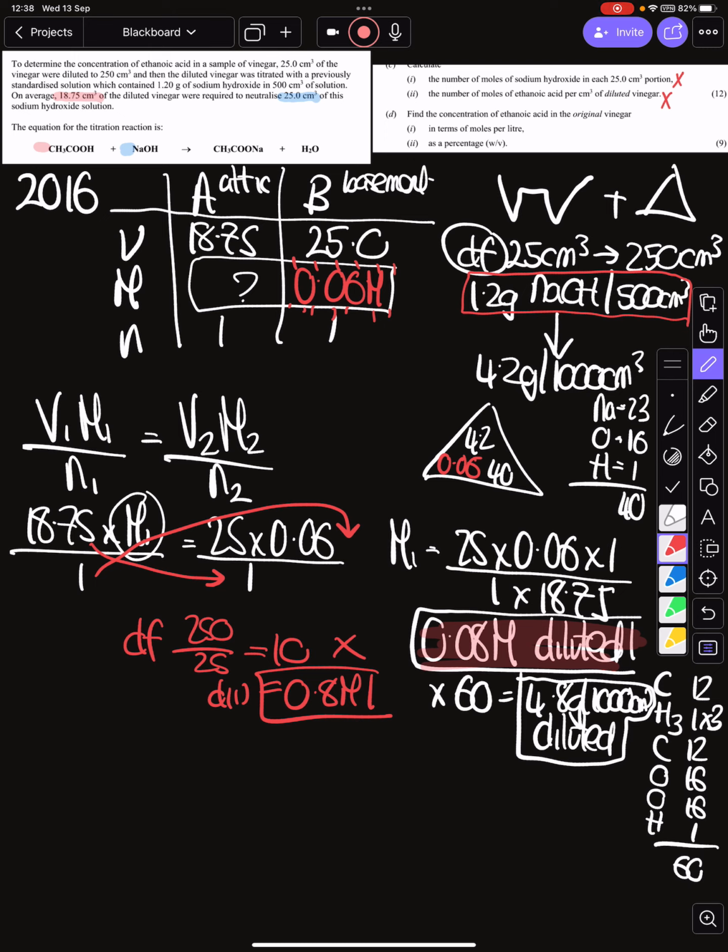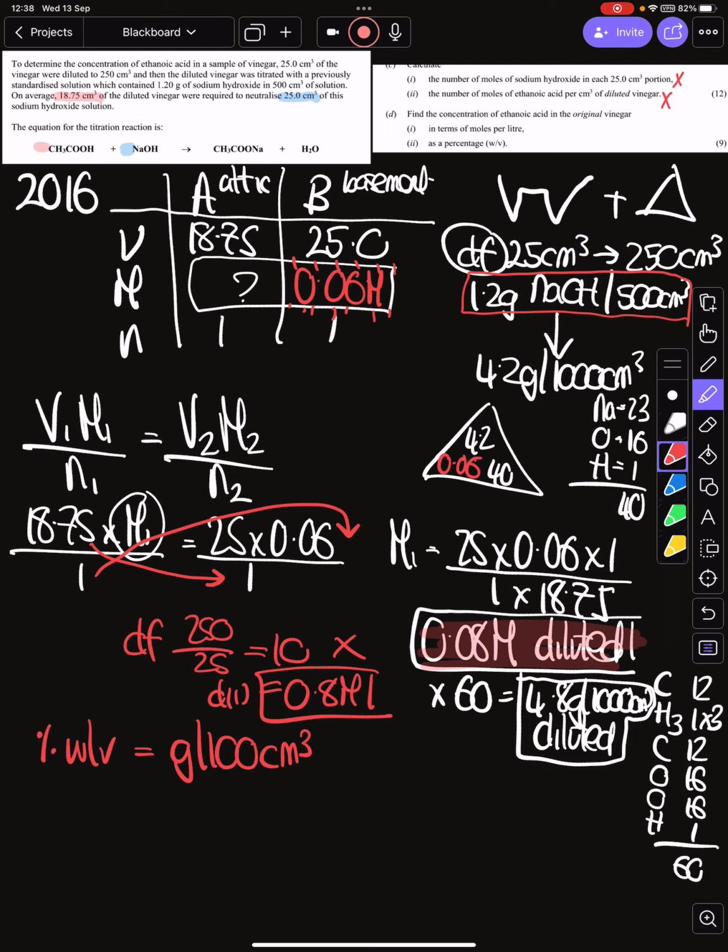D part 2 is a percentage weight per volume. And again, I'd be the richest person in the world if everyone knew what percent weight per volume means. So this means grams per 100 centimetres cubed. Currently, over here on my right-hand side, I have grams per 100 centimetres cubed of diluted. So how do I work that up? My percent weight per volume is in original, so I will again multiply this number by my dilution factor, which will give me 48 grams in 1,000.